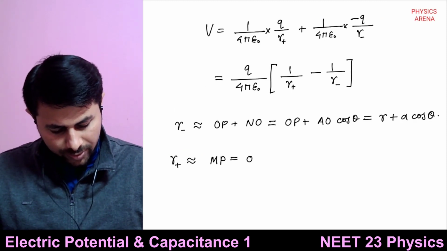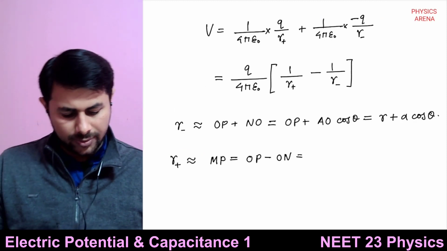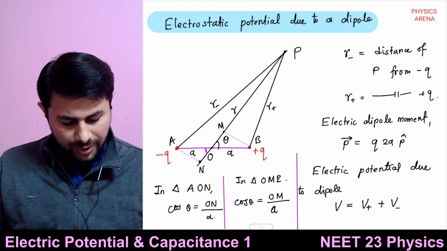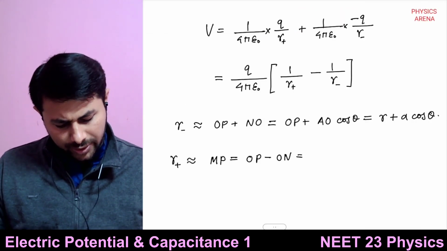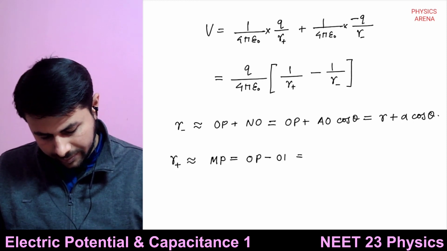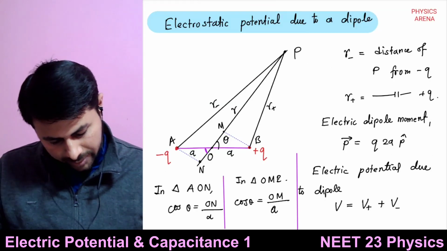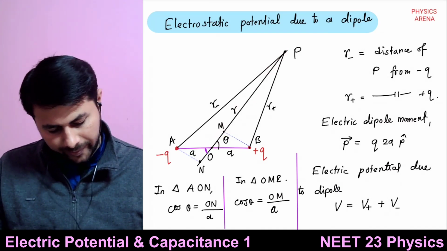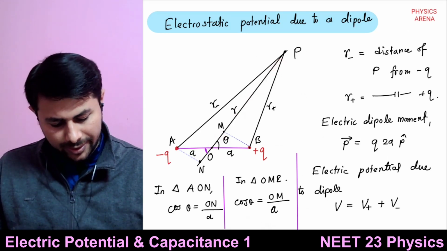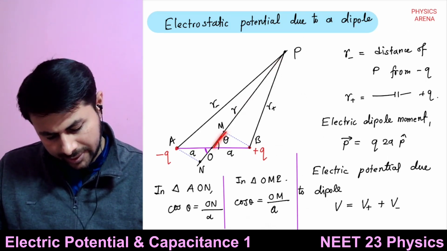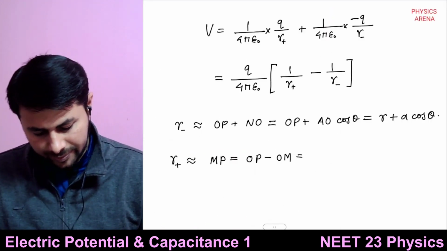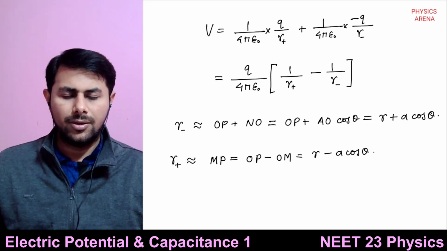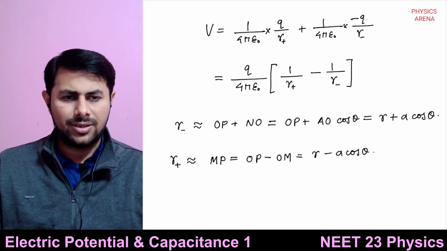We know OP is R, and OM is A cos theta once again. So this is R minus A cos theta. Is this clear, or is there any problem in this?